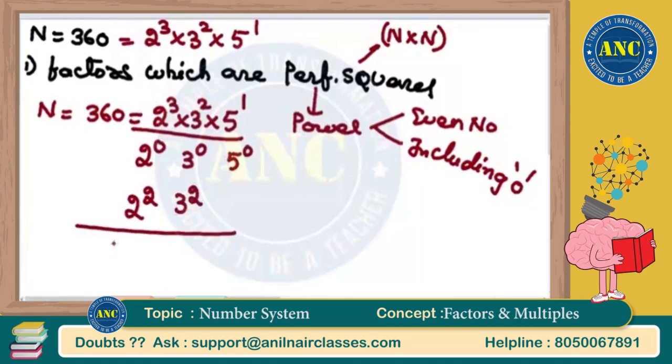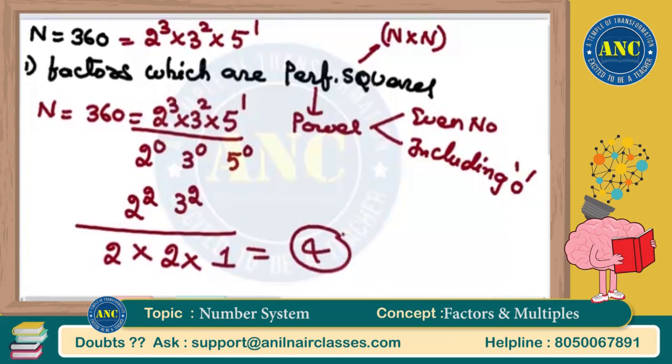So there are 2 cases, 2 cases, and 1 case. 2 into 2 into 1 is 4.